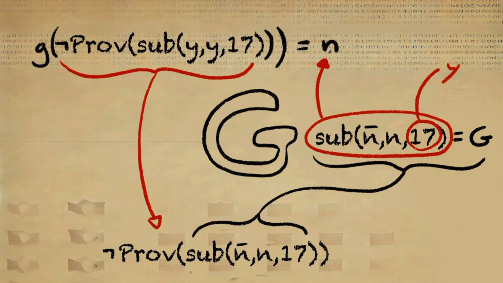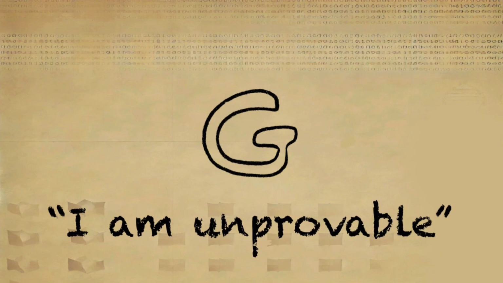If you take not prove sub YY17 and you replace every Y with an n, you get not prove sub NN17. So sub NN17 is the Gödel number of the entire sentence, i.e. G, which is sub NN17, represents this sentence here. Take a moment to take this in. Therefore, if the sentence says the sentence with Gödel number G is unprovable, but it itself is the sentence with Gödel number G, then it's saying, I am unprovable.